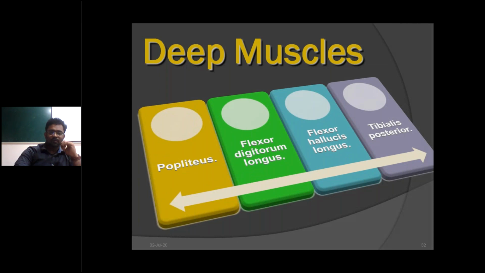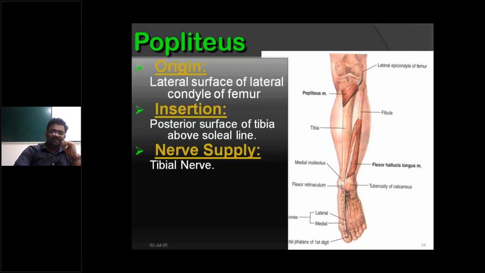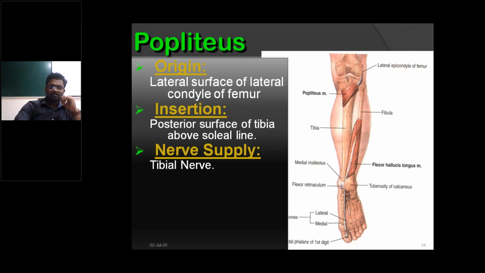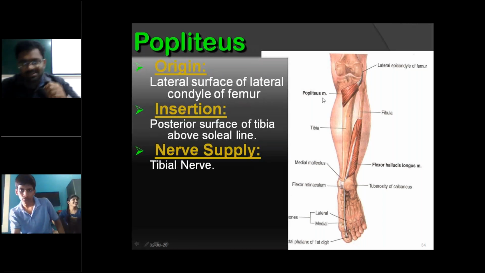The deep muscles are popliteus, flexor digitorum longus, flexor hallucis longus and tibialis posterior. These are the deep muscles present in the posterior compartment of the leg. Identify here, this is the popliteus muscle, a very important muscle.